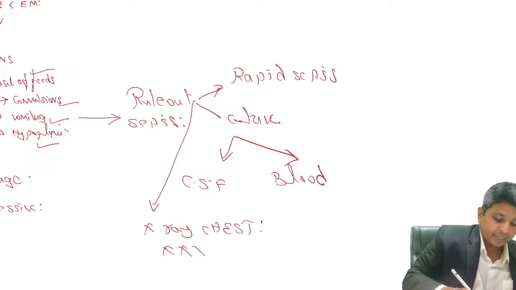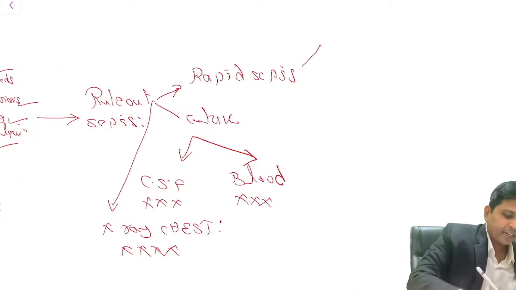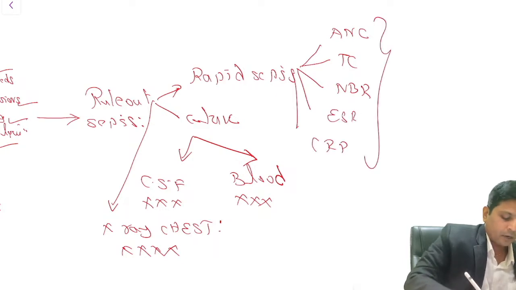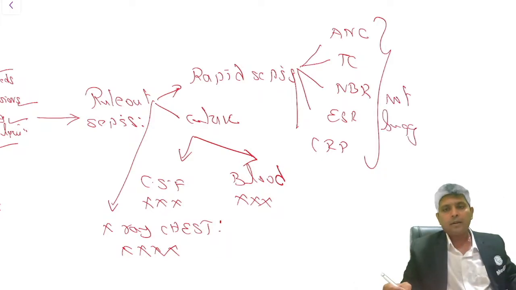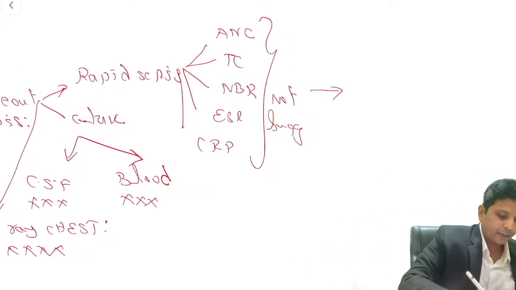So when the X-ray chest doesn't reveal any pneumonia, when blood culture and CSF culture don't grow any organism, when rapid sepsis screening like absolute neutrophil count, total count, neutrophil band ratio, ESR, CRP are all not suggestive of any microorganism or infection, then you need to suspect inborn errors of metabolism.